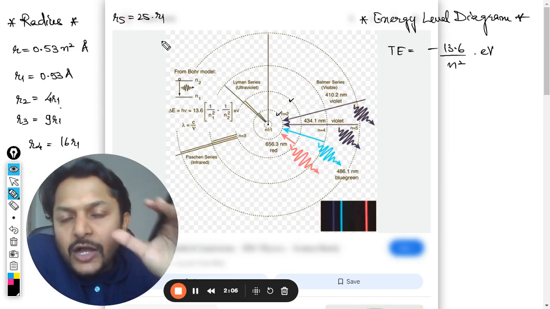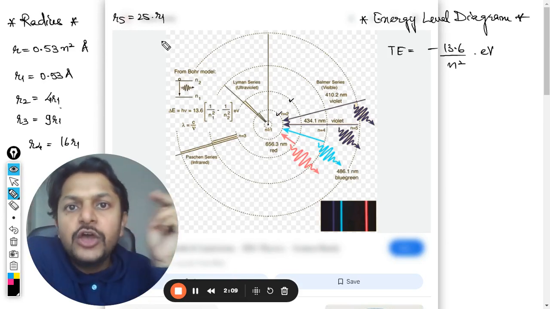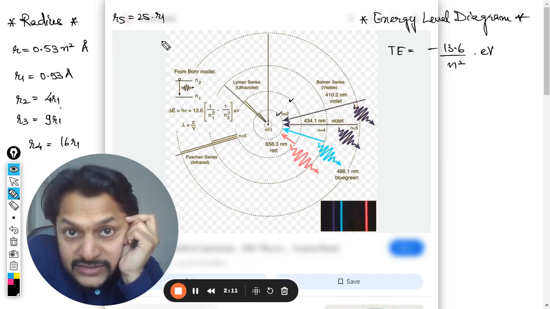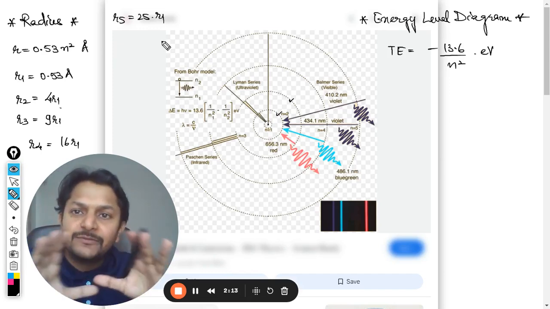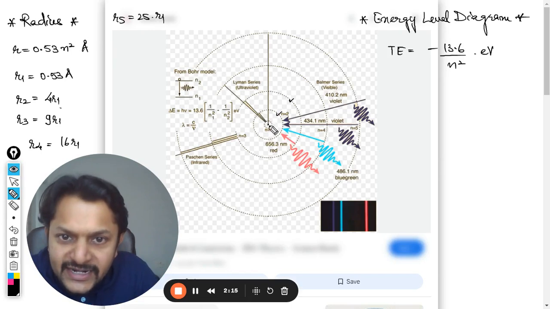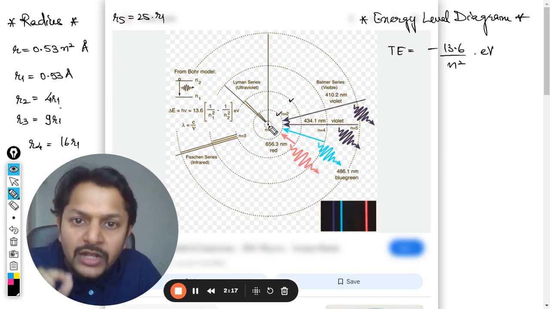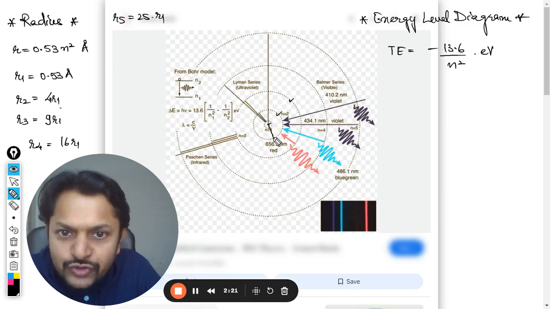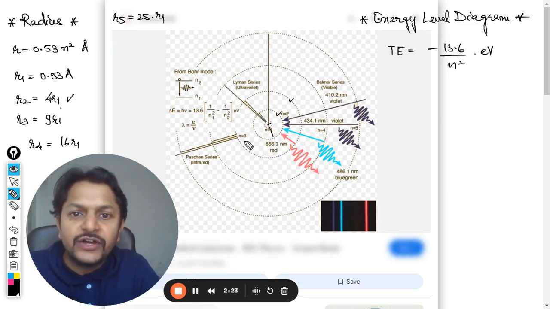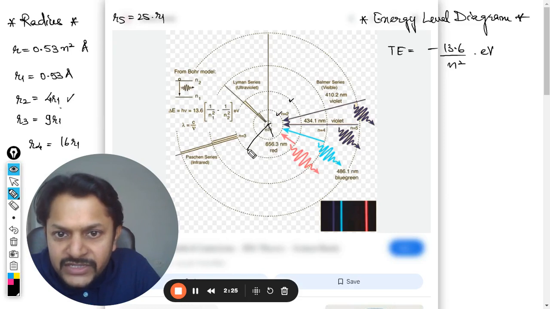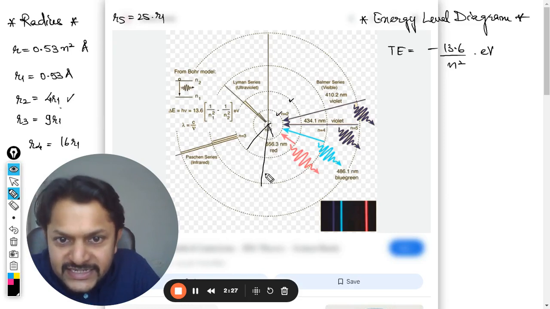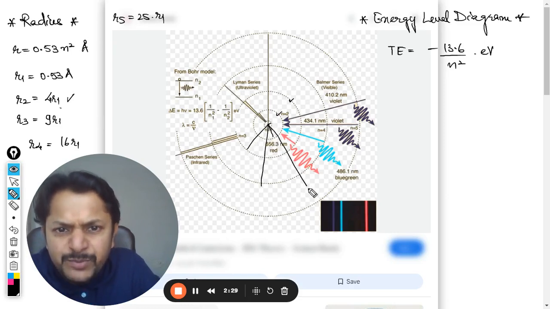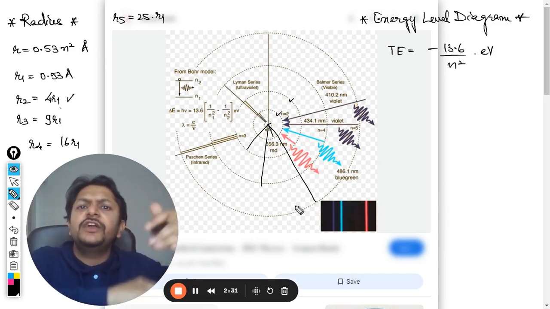It means that according to the imagination of Bohr in 1913, he imagined the atom to look somewhat like this. He said that the nucleus is very small, the first radius is very small, the second radius should be 4 times the first, this will be 9 times, this is 16 times, and this becomes even bigger, 25 times bigger.